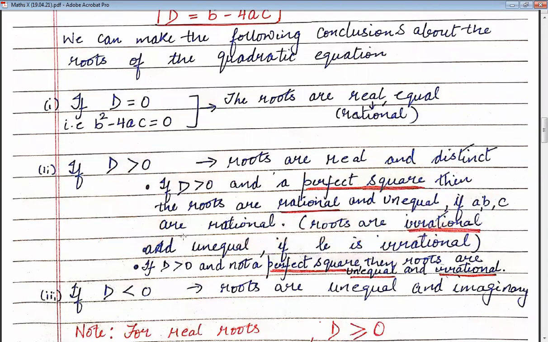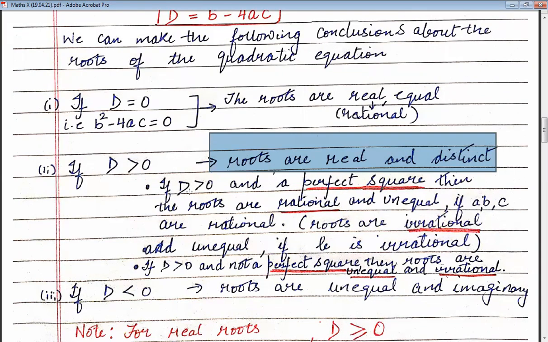If d comes out to be greater than 0, means if b square minus 4ac is having a positive value, that is greater than 0, then the roots are real and distinct. Distinct means different. We will be having two values. And we have two cases in this.